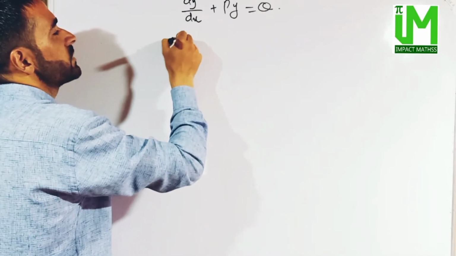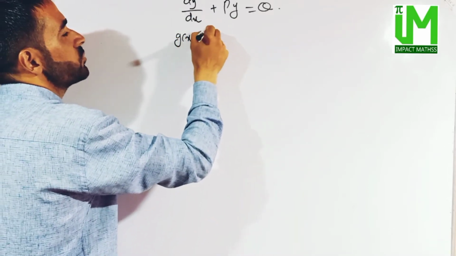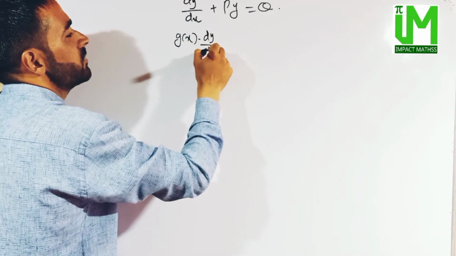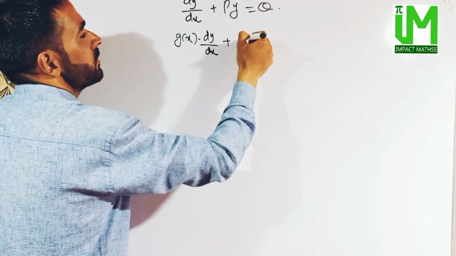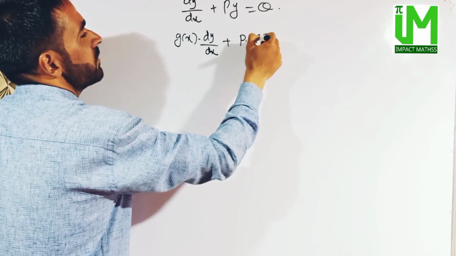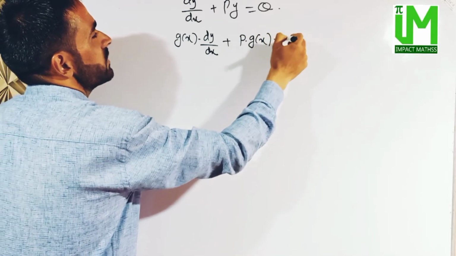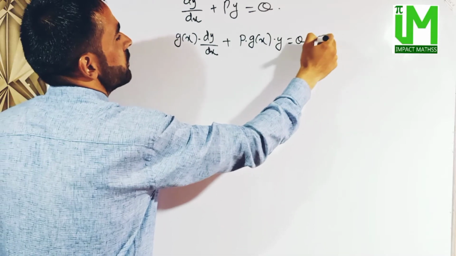Say we write g of x into dy by dx plus p into g of x into y is equal to q into g of x.